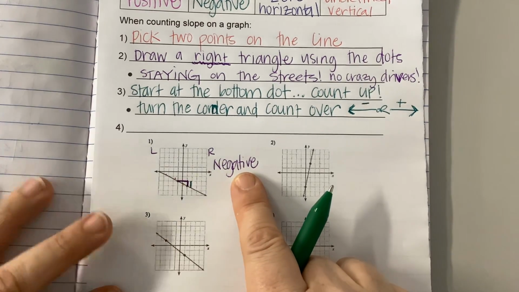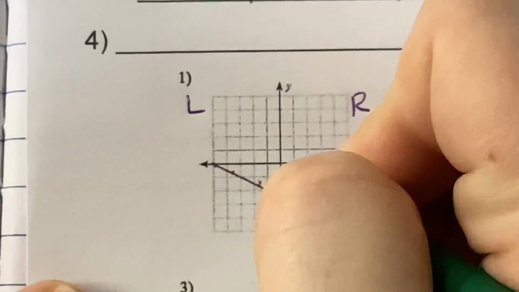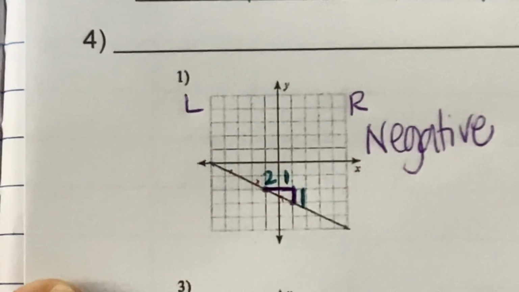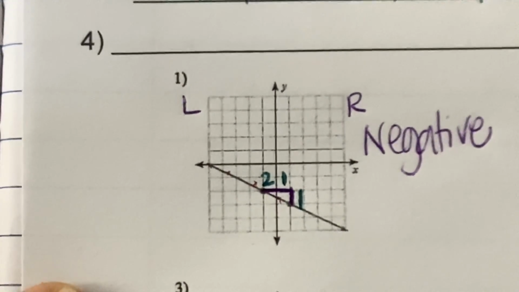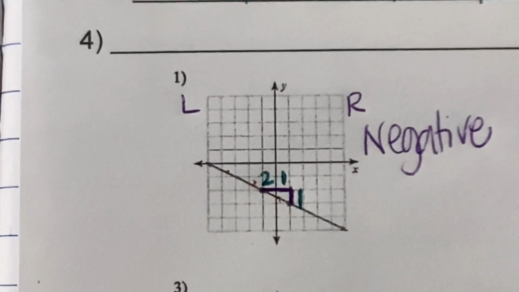Because it's a negative slope. So I'm going to count over 1, 2. Does that make sense? Draw your triangle. Then we count up. Turn the corner. Count over.